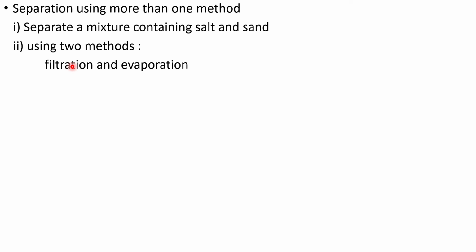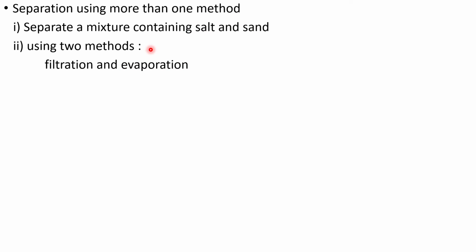So by adding water, you are dissolving salt in water, and you are separating the sand from the salt solution using filter paper. That is, by filtration, you are separating sand from salt solution. So you separated the sand, now remains salt.